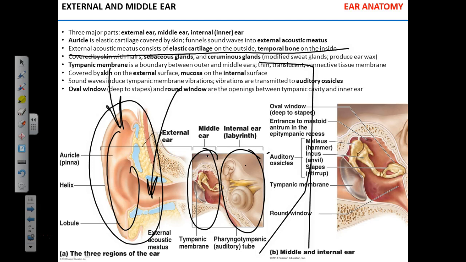There's a bunch of sebaceous glands, of course, it's skin, and ceruminous glands. Your ears don't sweat. They produce wax. Ceruminous glands produce wax. Wax plays pretty much the same important function. It traps dust and dirt.